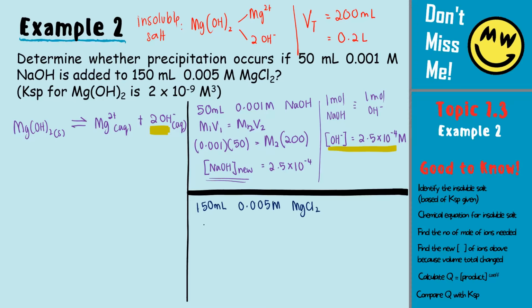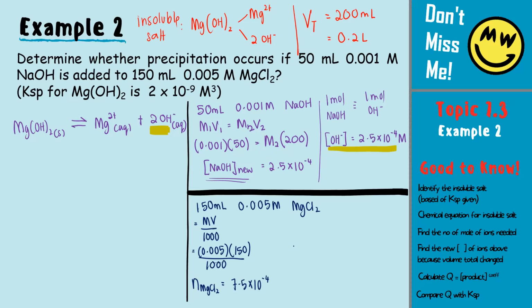So for this one, we are going to use the number of mole method where you are going to use your MV over 1000. So your MV over 1000 over here equals to 0.005 times 150 milliliter over 1000. So you are calculating the number of mole of your MgCl2 over here, where the number of mole of MgCl2 is 7.5 times 10 to the power of negative 4.